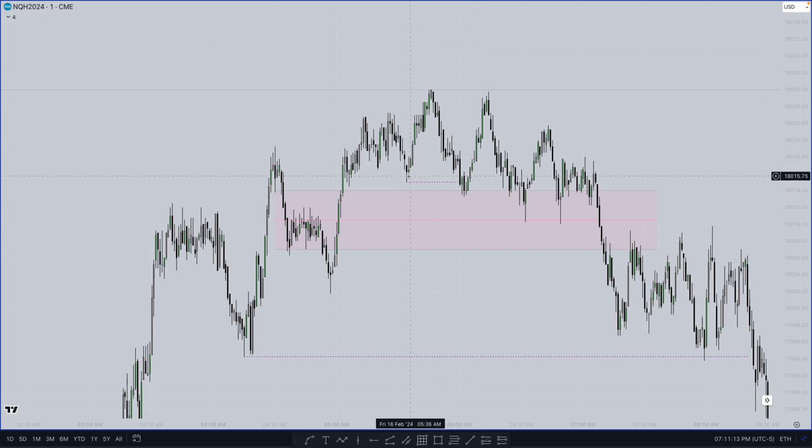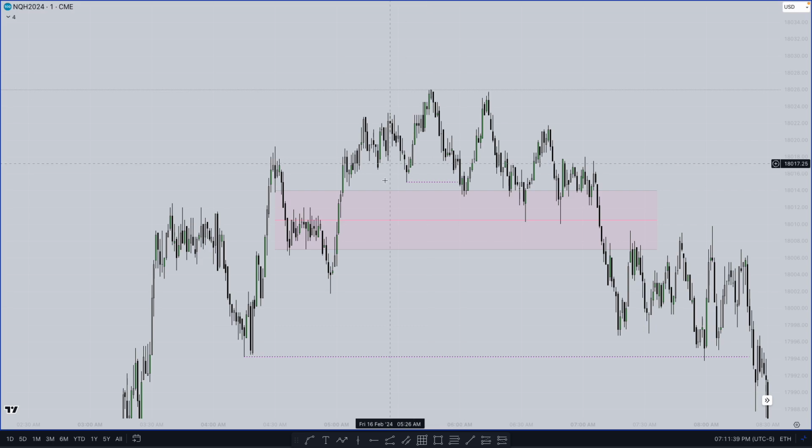Well, here is your first internal shift. This is saying there's a change in order flow. How can you invalidate that? You can invalidate that by breaking this high, which would say order flow is actually up.